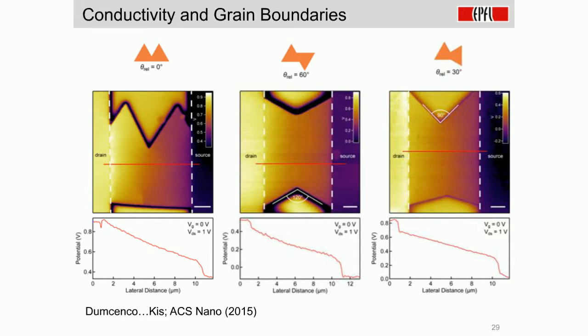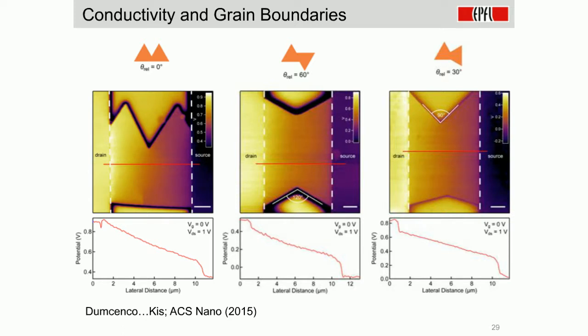Even though this grain boundary is there, it doesn't introduce any extra electrical resistance either. And the same is true for the misorientation of 30 degrees. So all these three in the Kelvin probe do not show discontinuities, which means that they don't introduce any extra electrical resistance.